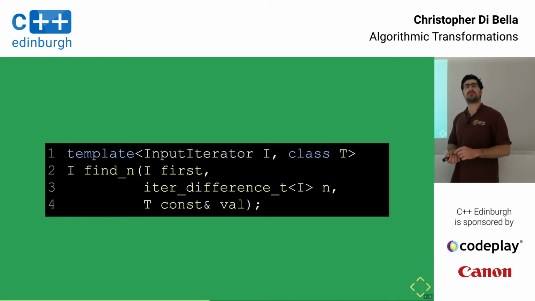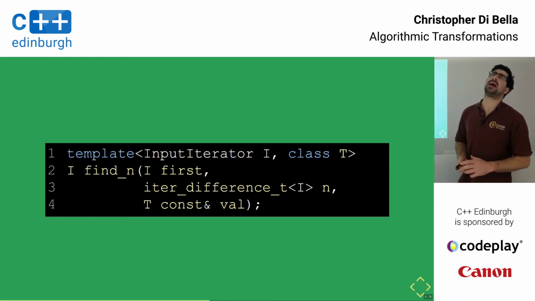Let's say that we want to change things up a little bit, and we want to look through only the first 10 elements of a 100 element vector, for example.